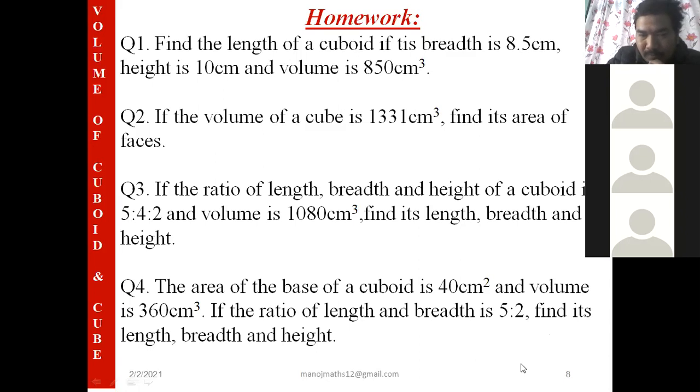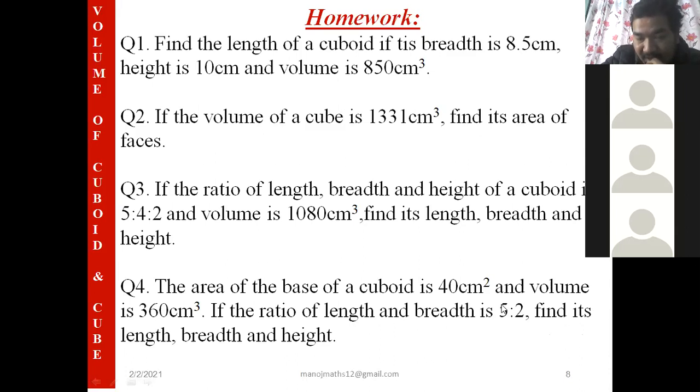The square root of 4 means 2. You will get the value of x, 2. And if you find the value of x, then can you tell me what the length is?